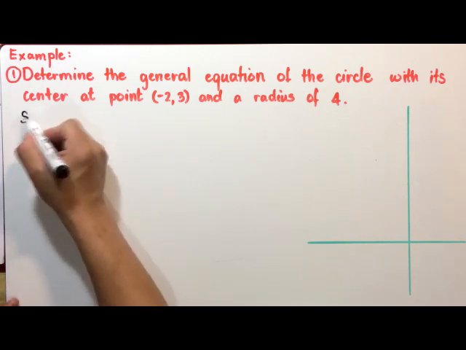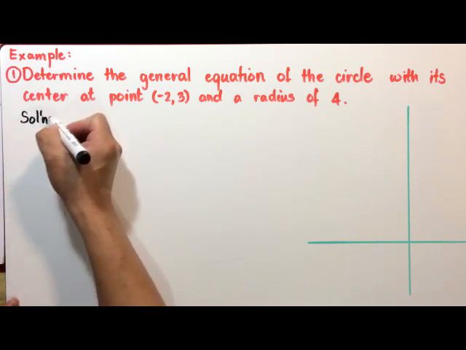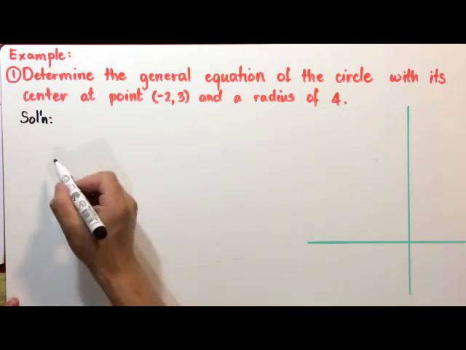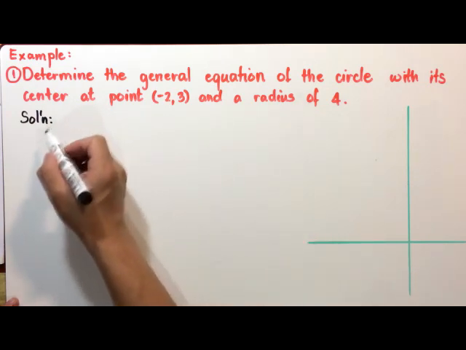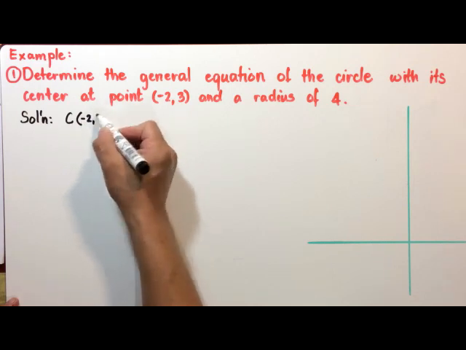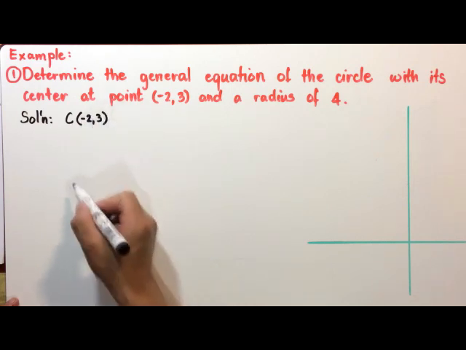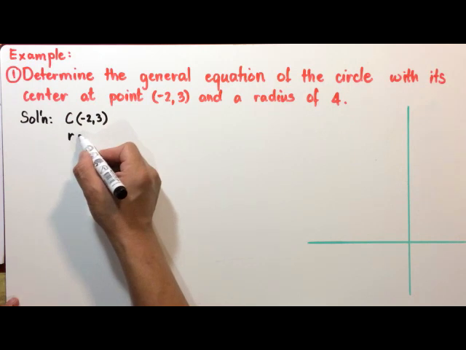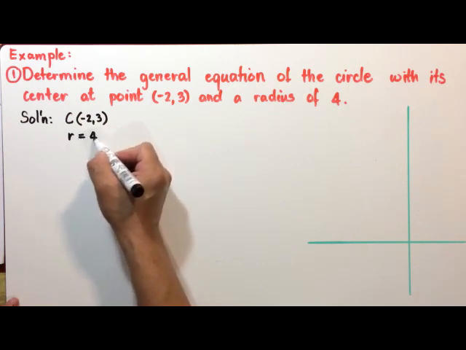So first, to solve this problem is to identify first the given things in the problem. We are given that the center is at a point -2, 3. And also we are given that the radius is 4.